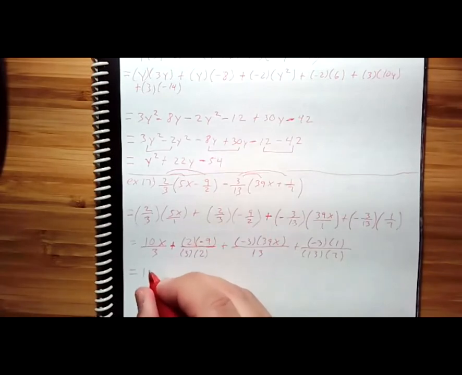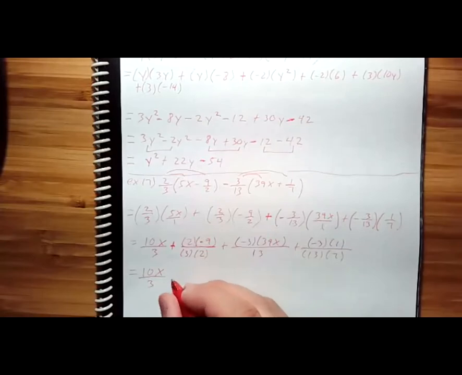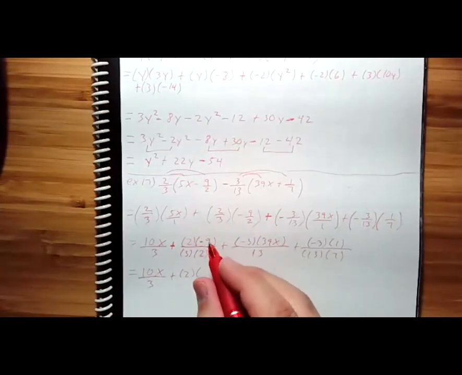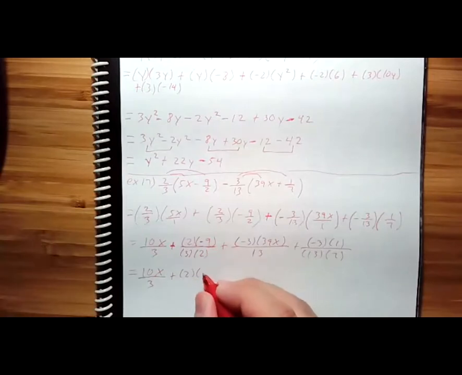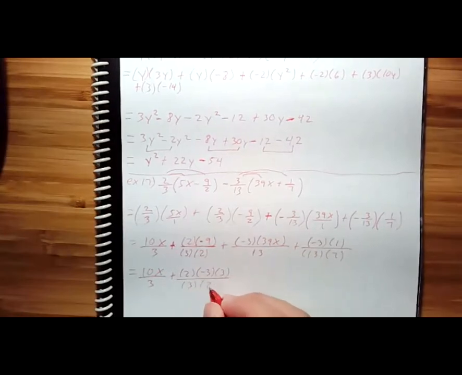I know I'm showing extra steps that you might not need, but it's unfair for me to skip steps. So we got -9, which would be -3 times 3 over 3 times 2. So we see that these 3's will cancel and these 2's will cancel.